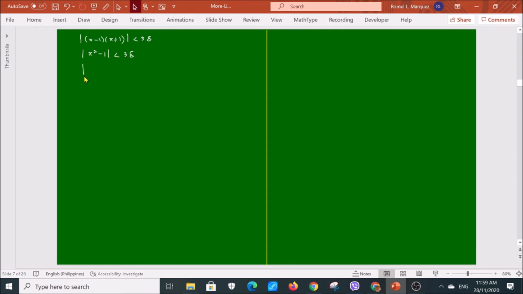But I can express this as x squared minus 1 minus 2, but if I subtract 2, I have to add 2. So minus 1 plus 2, because I subtract 2. But I know that delta is epsilon over 3. So this is now what?